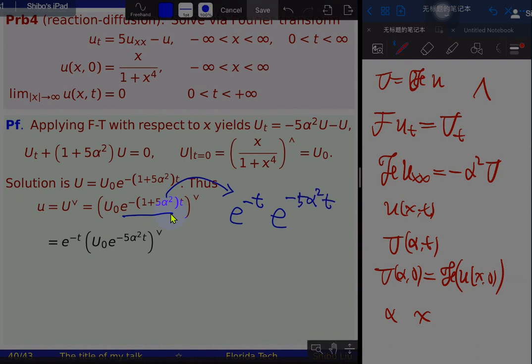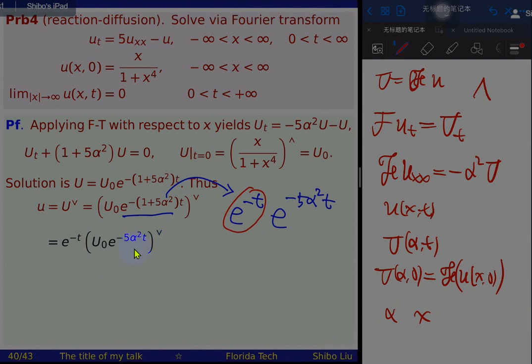And the e to the minus t part has nothing to do with the variables related to the transform, so it can be treated as a constant. Since the Fourier inverse transform is linear, the constant e to the minus t can move out of the operation of the transform. So we simply need to compute the Fourier inverse transform of this.